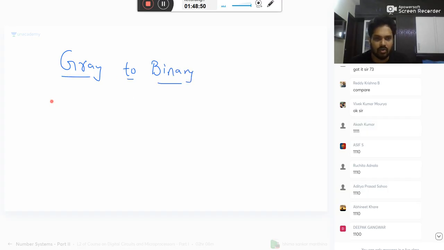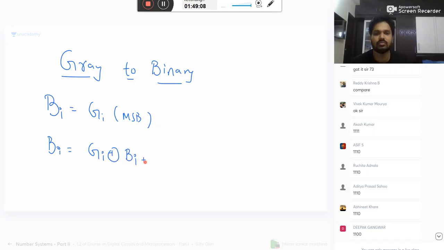You have gray code. How to get the binary? First, if it is MSB, take it as it is. The first bit is to be taken as it is. And for other cases, it is GI XOR with BI plus 1. I will give you the example.